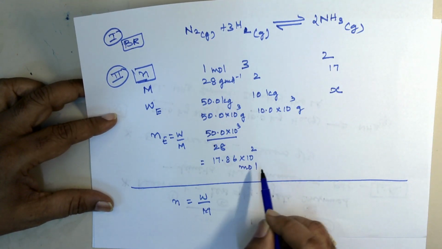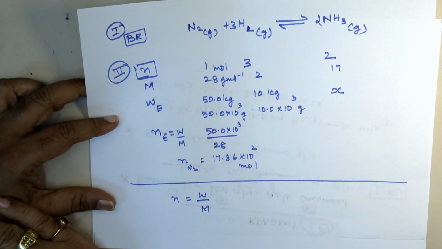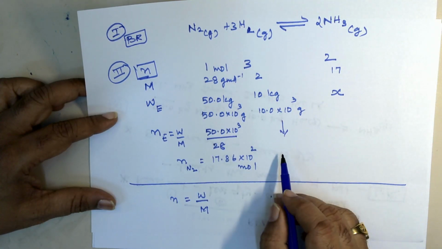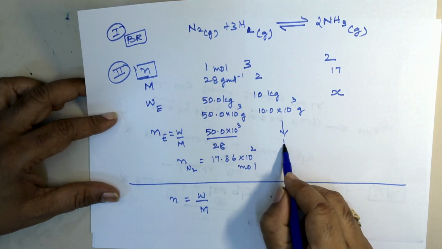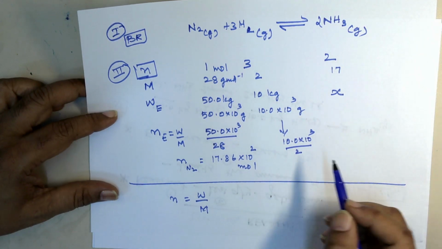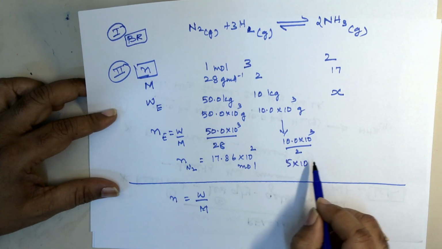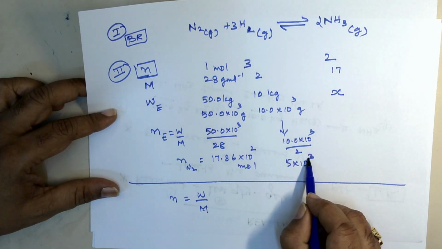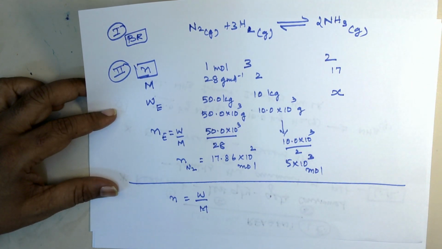This is the number of moles of nitrogen. Now similarly work out for hydrogen. 10.0 into 10 cubed divided by 2, that is 5 into 10 power 3 mole. Got it?